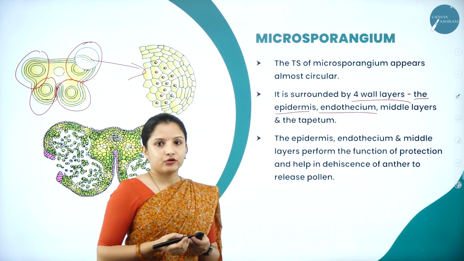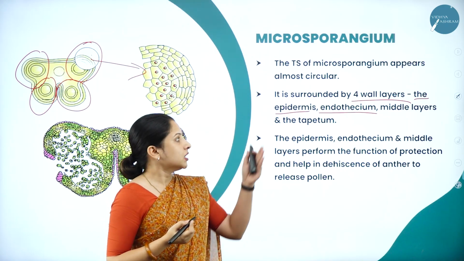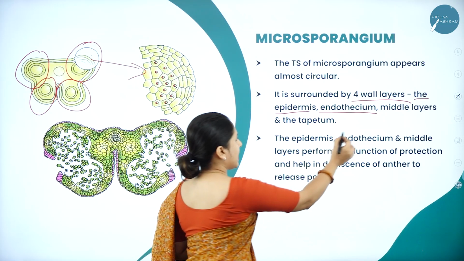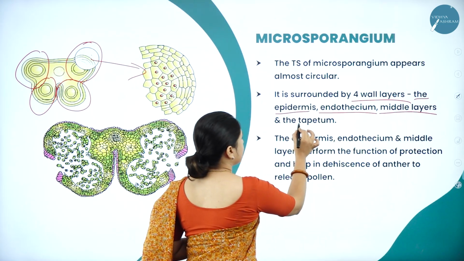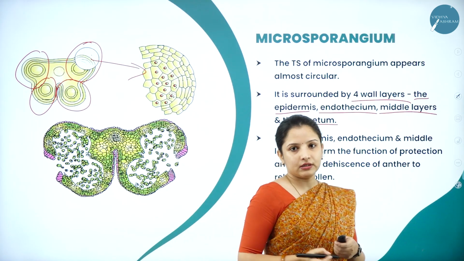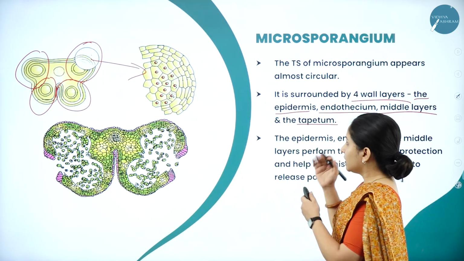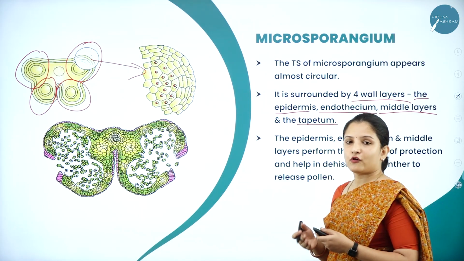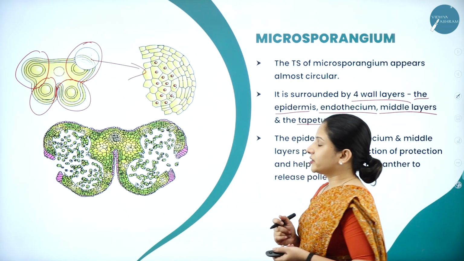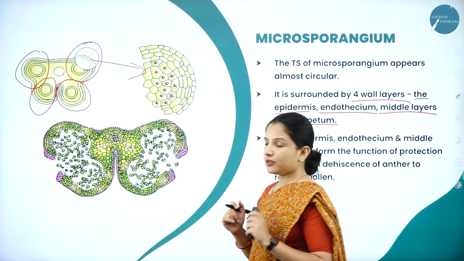Inner to the endothecium, we have a set of middle layers. And inner to the middle layers, we have the tapetum. We'll study in detail what function each of these layers performs in the microsporangium.